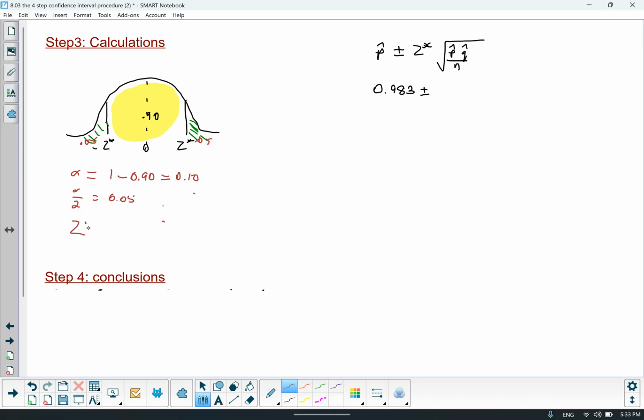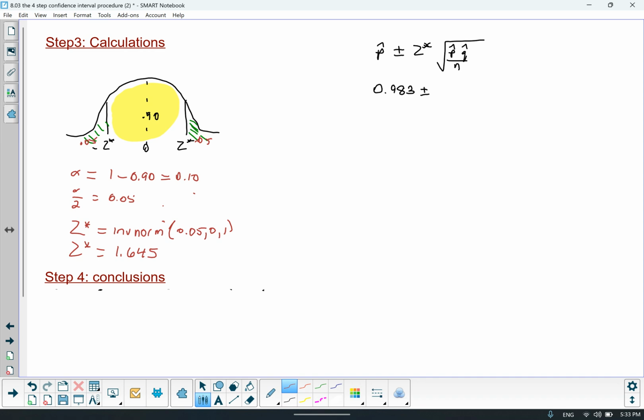Then you're going to do inverse norm, 0.05, 0, 1. And when you enter that in the calculator, you're going to get 1.645.